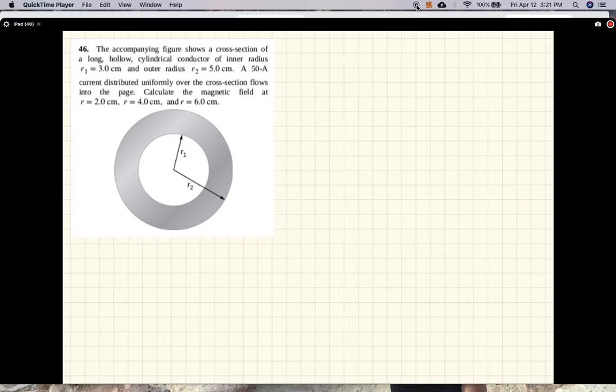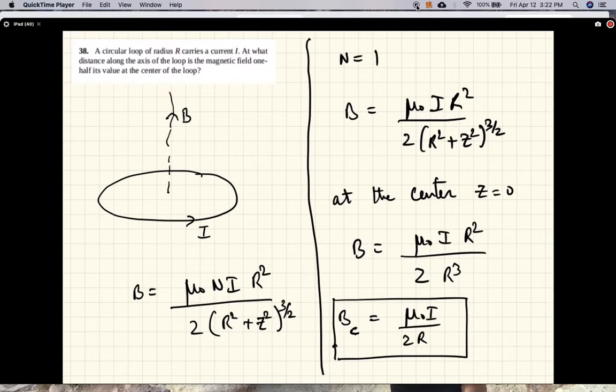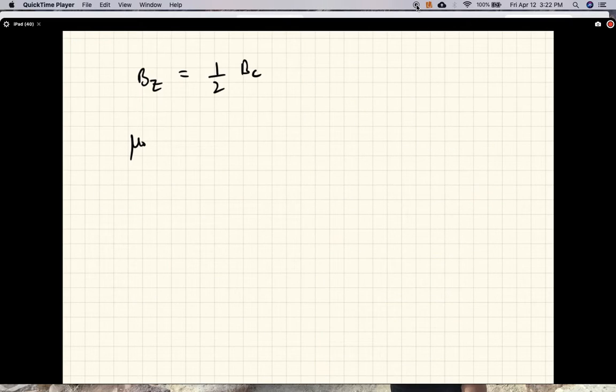Now let's add a page. What we want is the field at z equal to 1/2 the field at the center. The field at z is mu naught I r squared over 2 (r squared plus z squared) to the power of 3/2.